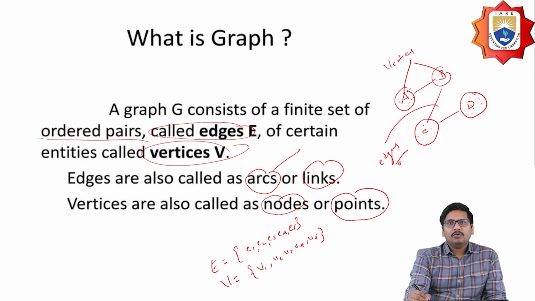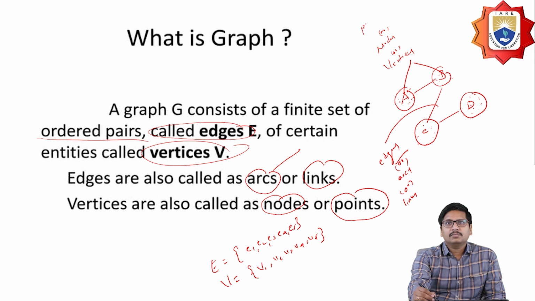The other synonyms of edges are arcs or links. The other synonyms for vertices are nodes or points.